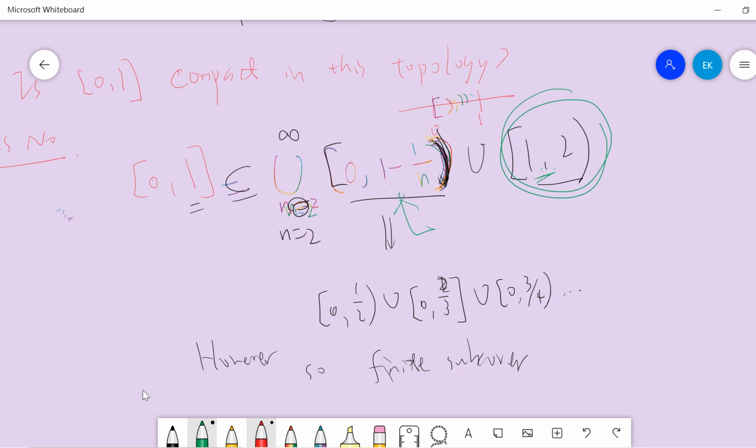If I take a finite subcover, there must be a largest n naught, so the sets only reach 1 minus 1/n naught, and 1 cannot be covered by the choice which I take. So it is definitely an open cover, but there's no finite subcover, so X is not compact.